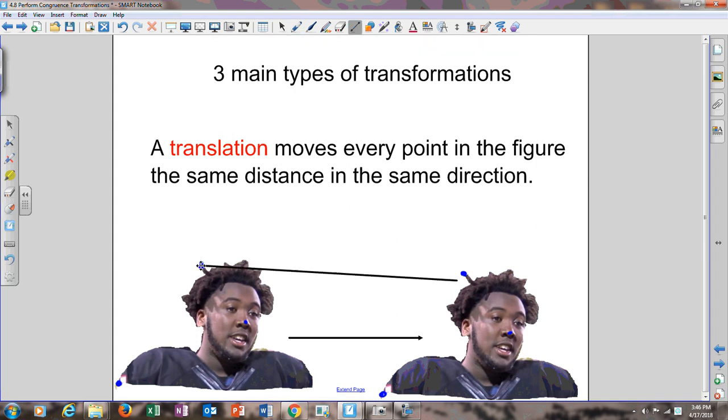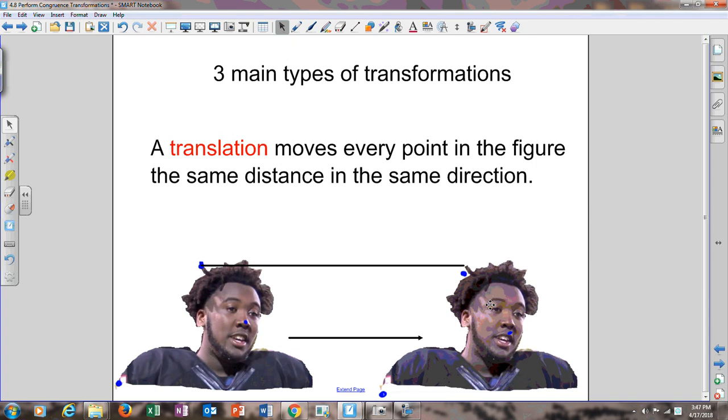I mean, I'm not perfect, but if we take him, move it up like that so that it's level.